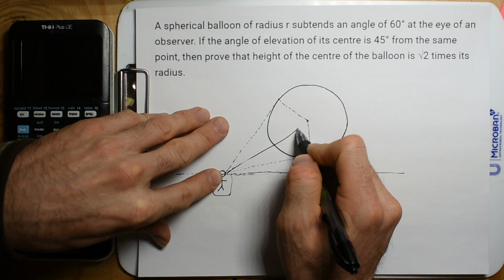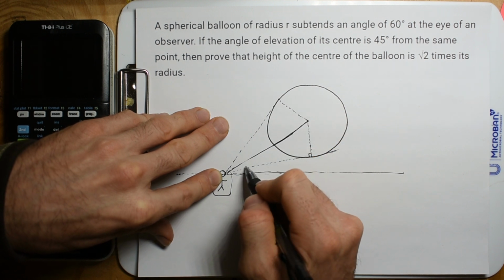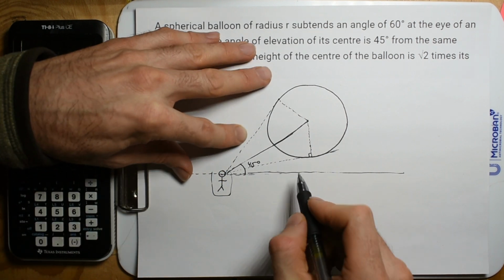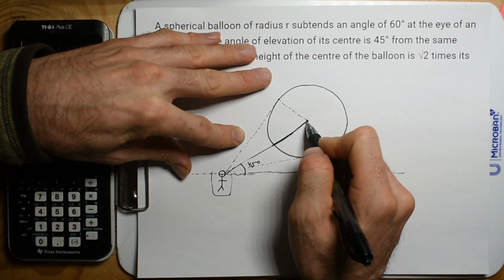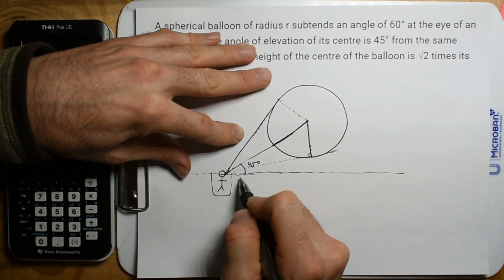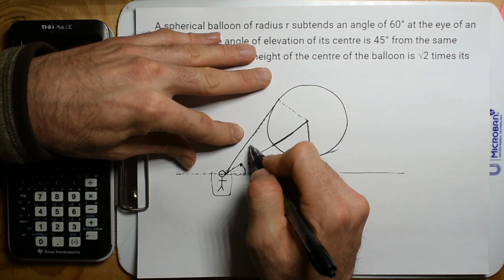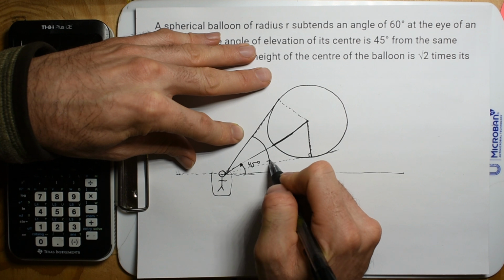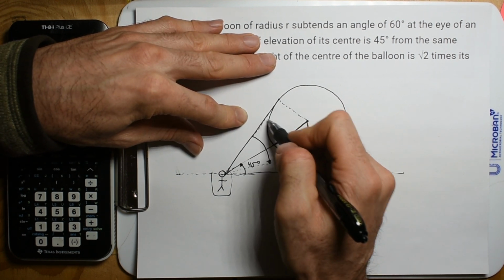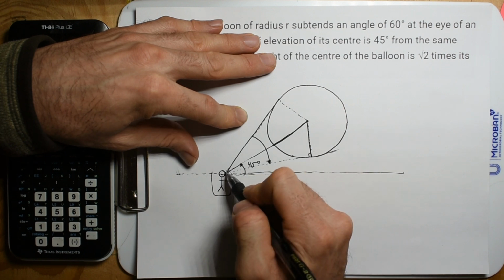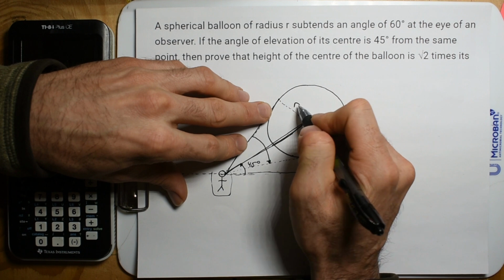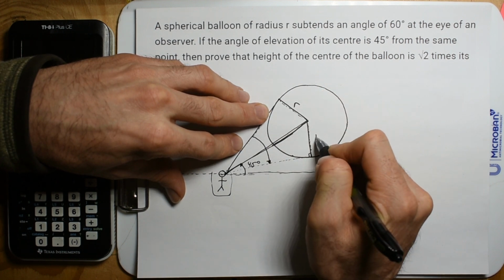So this angle is 45. So there you go. So this angle is 45 degrees. And this angle to there, this angle is 60. So this whole angle is 60, and this line right here chops it in half because we have a radius here and a radius here.